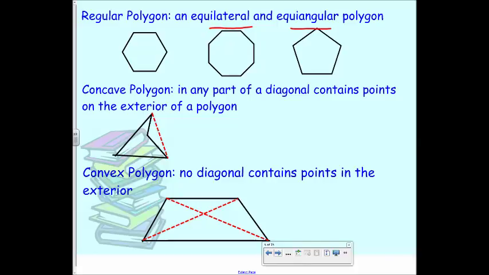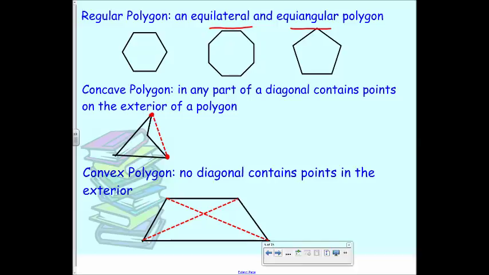A concave polygon means that in any part of it, a diagonal might be outside of the polygon itself. So for example, looking at this figure right here, which is a quadrilateral, has 4 sides, this diagonal right here, what does it do? It connects those 2 sides. Where does it go though? Outside. It's outside of the figure.